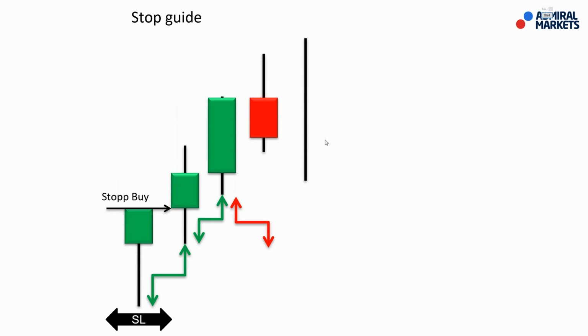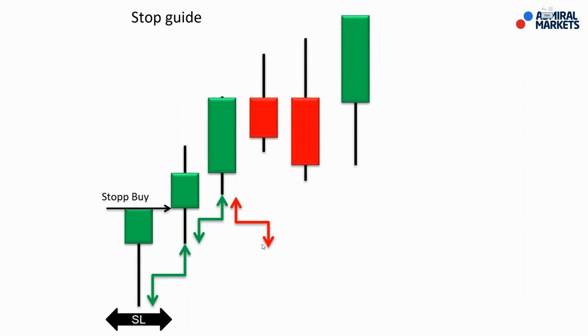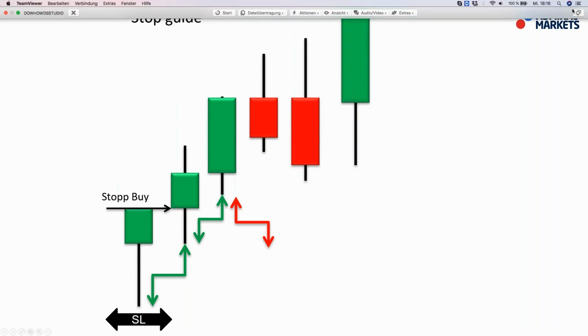So what will happen next? The next candle, you can see, is an inside bar as well. So the stop remains at the same position here. We put it back. What happened next? In the movement, now you see you have a higher close than the outside bar.